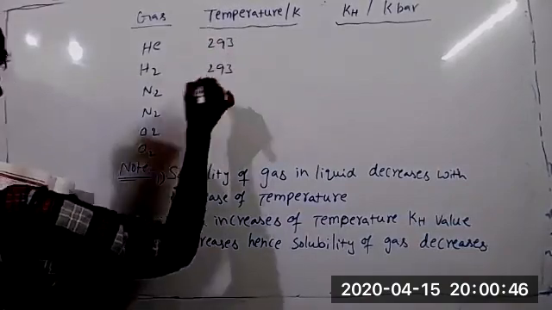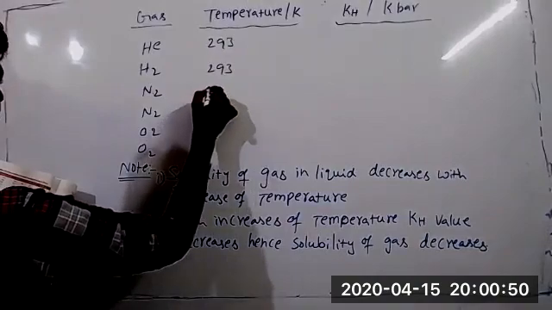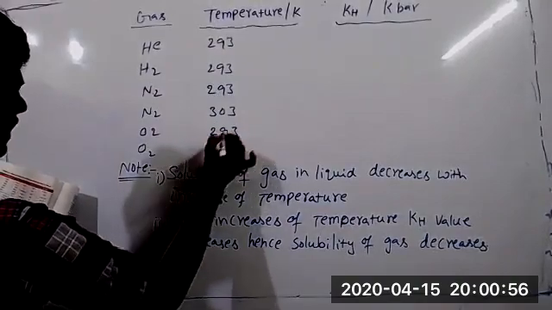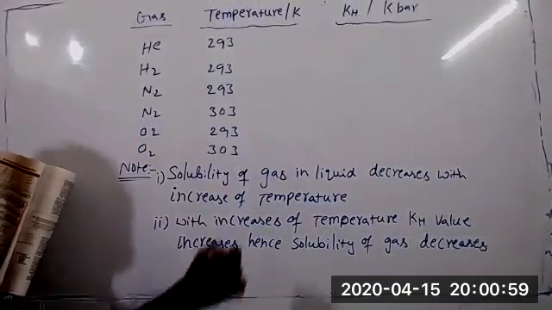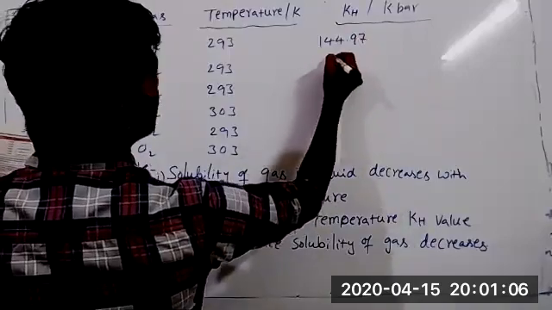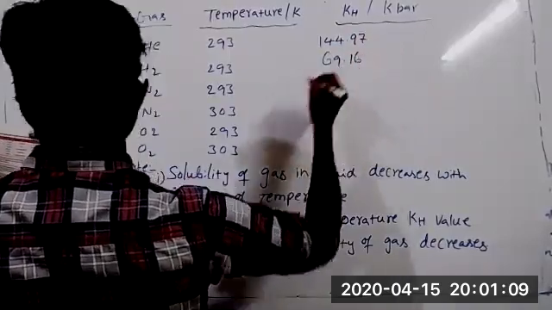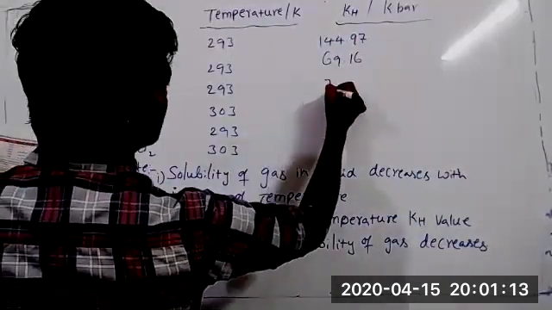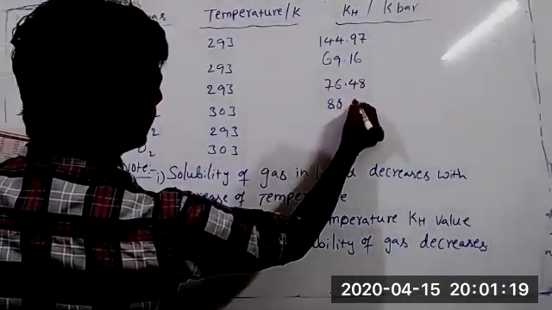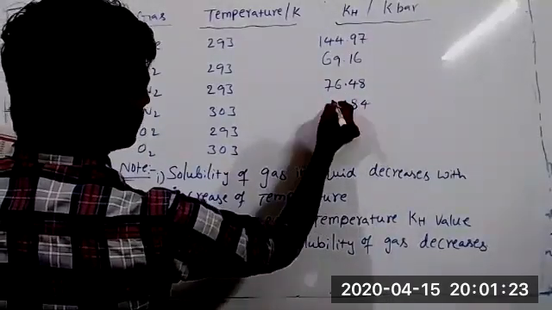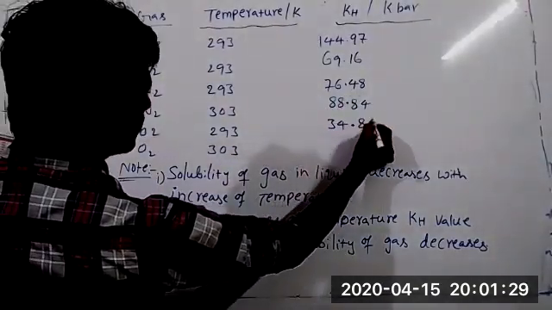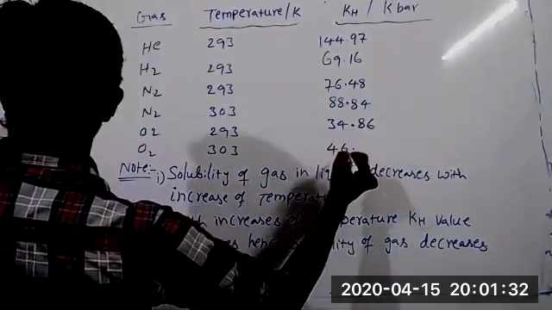Temperatures 293, 293, 293, 303, 293, 303. KH values: 144.97, 69.16, 76.48, 88.84, 34.86, 46.82.